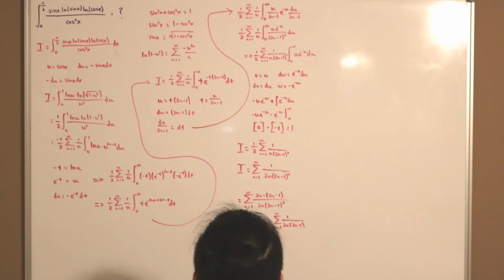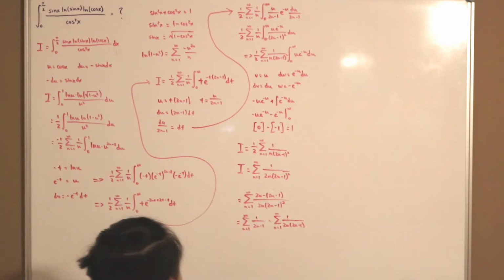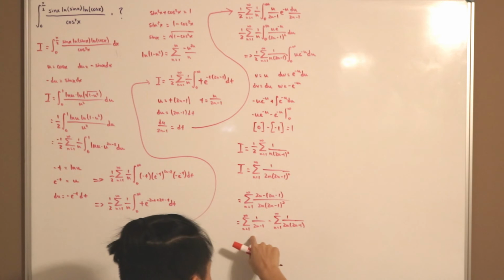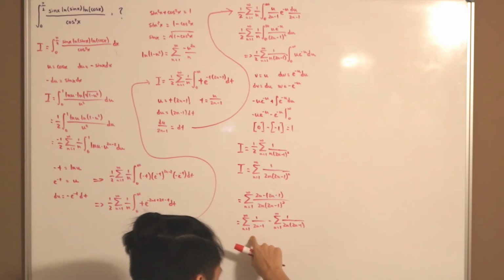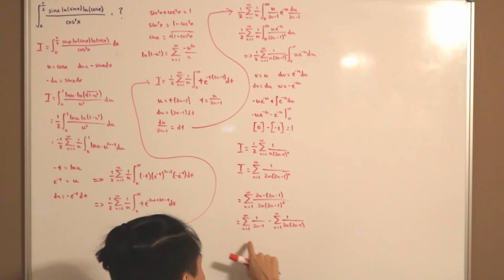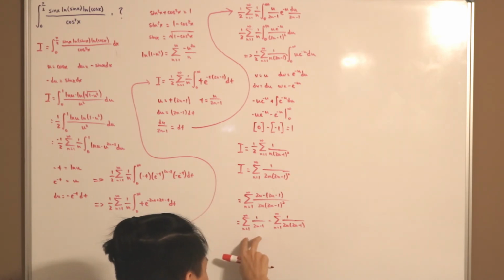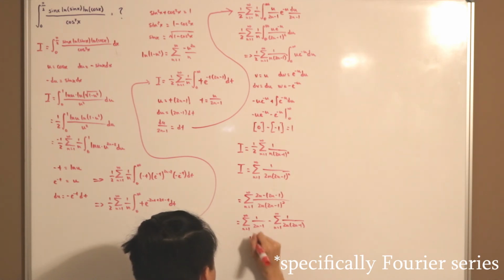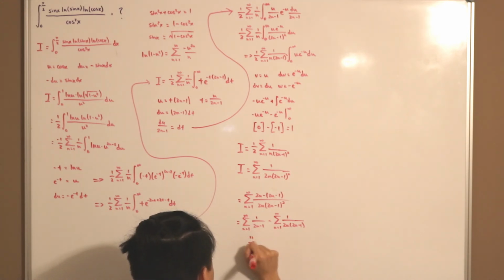I knew I was missing something, but now I found what it was. Now, this series here actually converges to pi squared divided by 8. I'm not going to go over details about how to evaluate this, but the method you want to use is Fourier's method. So this actually equals pi squared divided by 8.